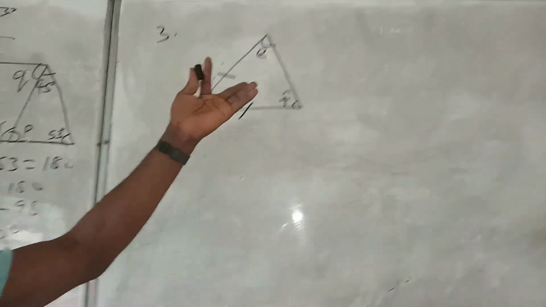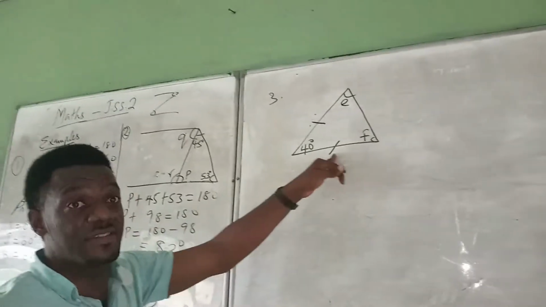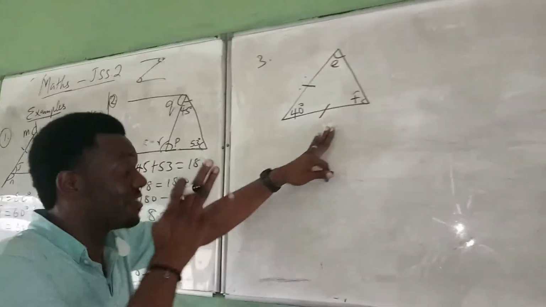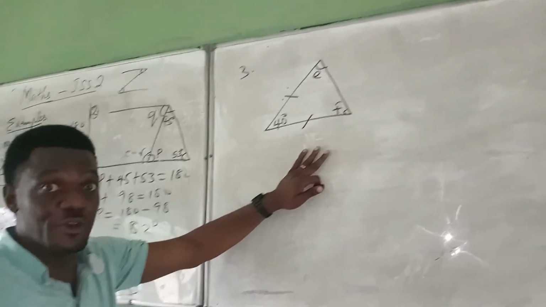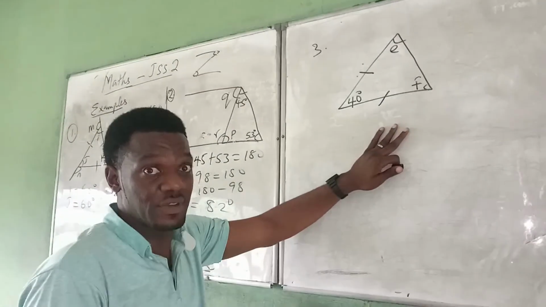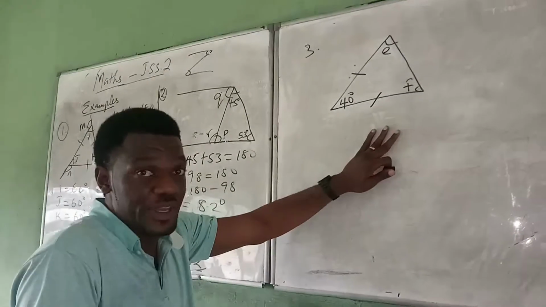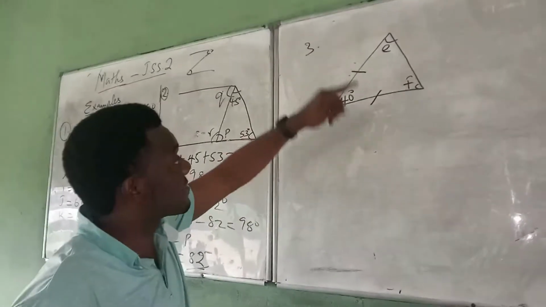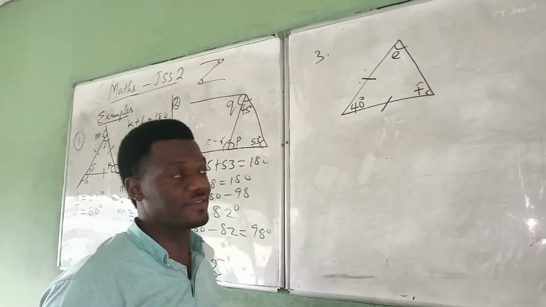Now, this one is very simple. The first thing that comes to your mind is that this is an isosceles triangle. And if this is an isosceles triangle, you already know the rule. Rule 6 says that in an isosceles triangle the angles opposite the equal sides are equal.